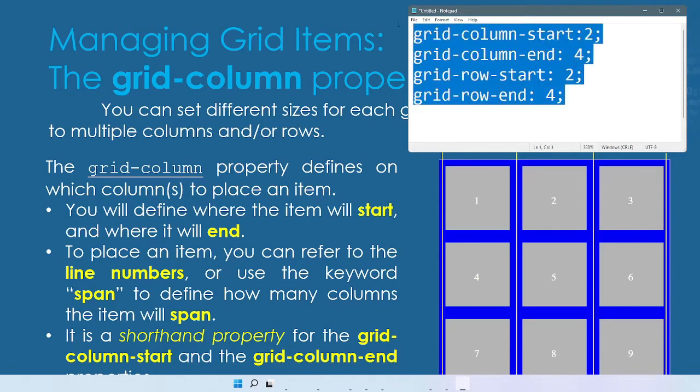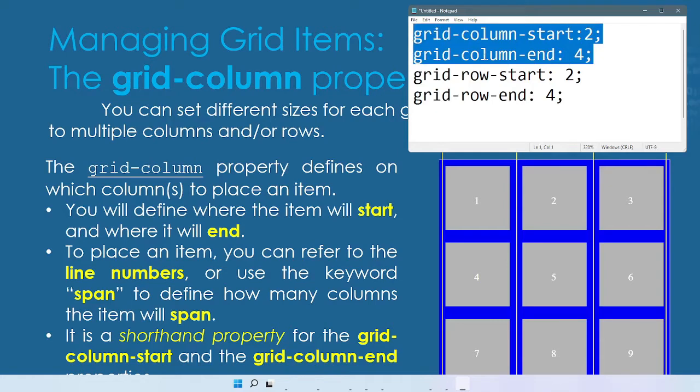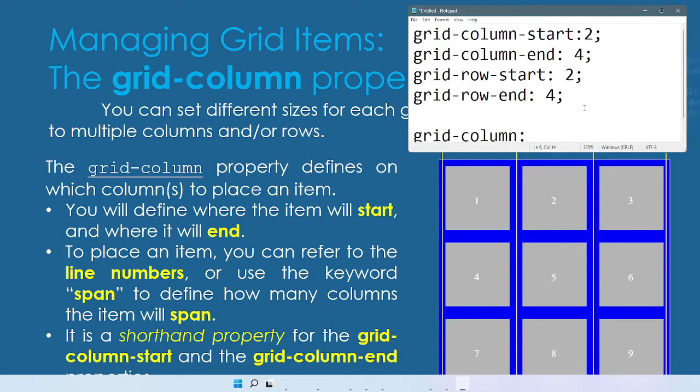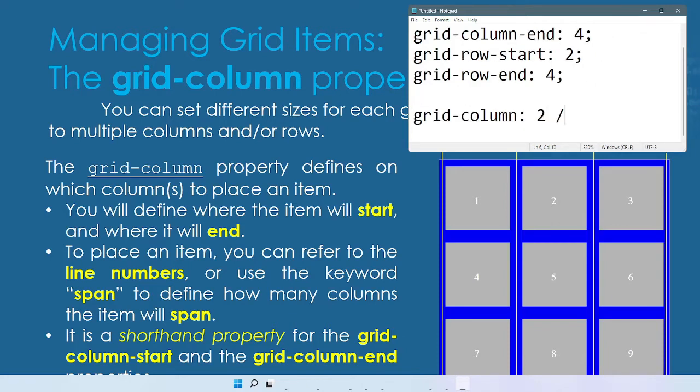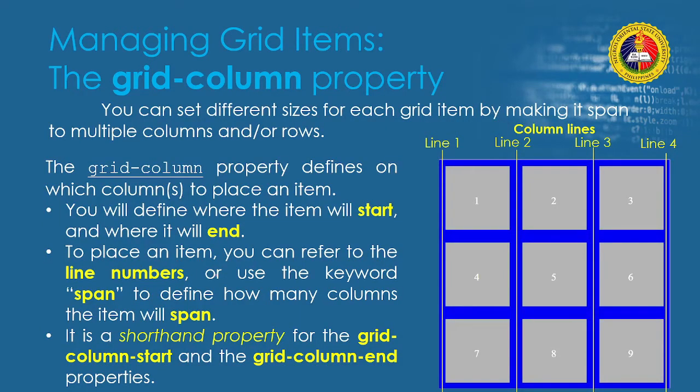Now, since this would take a lot of code, di ba, kabantay mo, daghan kay kang i-type. Thankfully, naa siya shorthand property, meaning naa siya shortcut, and that will be using the grid column. Alright? So, for example, if we're going to write this, pwede lang nato ang column start 2 and then column end 4, we can just write grid column, and then we will write 2, and then forward slash, and then we can either refer to the line numbers or use the keyword.